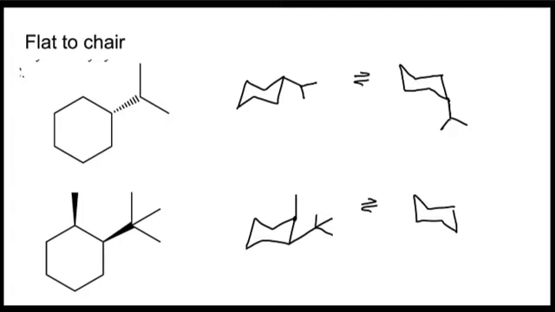So I'll draw my ring flipped chair, and the tert-butyl, which was pointed upward there, is still going to be upward, but it's upward axial now. And the methyl group, which was upward, is upward equatorial now.